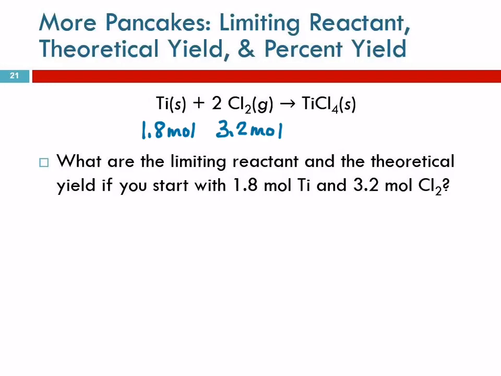So the theoretical yield would be the amount of product. I'm going to do it in moles. It doesn't say what unit it wants it in. It just wants the yield. And so we could choose. I'm going to choose the easy thing, moles. So what we need to do is two calculations, find out how much product we can make from 1.8 moles of titanium and how much product we can make from 3.2 moles of chlorine.